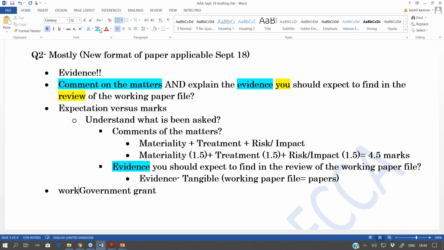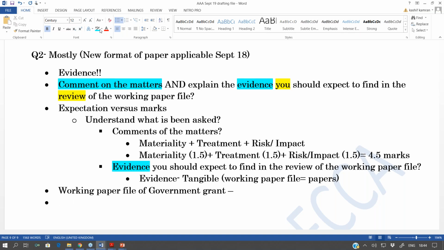Now, for example, when you are reviewing the working paper file of the government grant, let's take an example. We did this yesterday in the session, the government grant. So you are reviewing the file of the government grant. What working papers will you expect to find in the grant file?